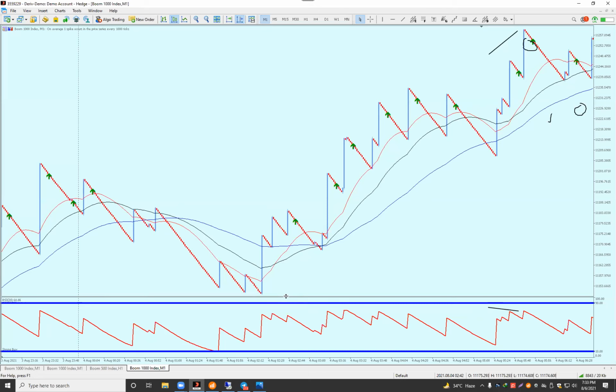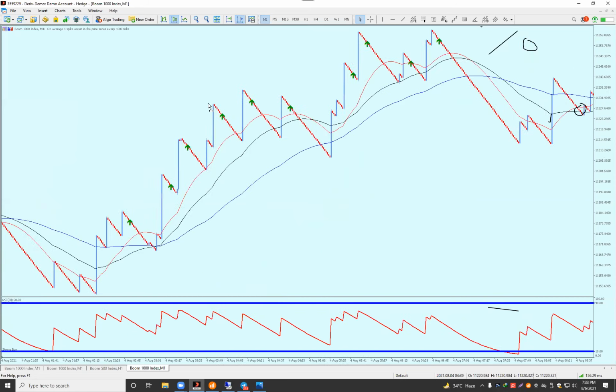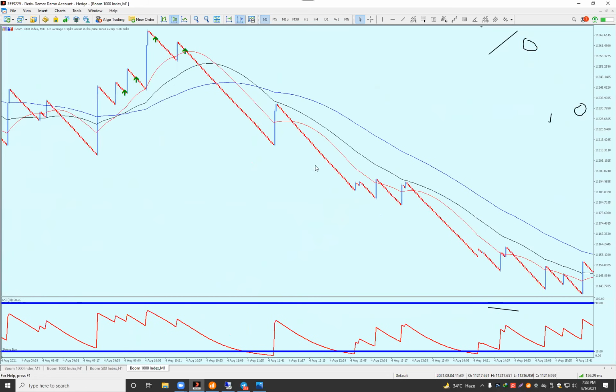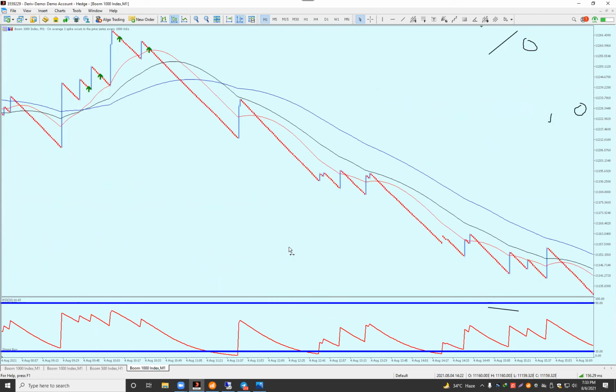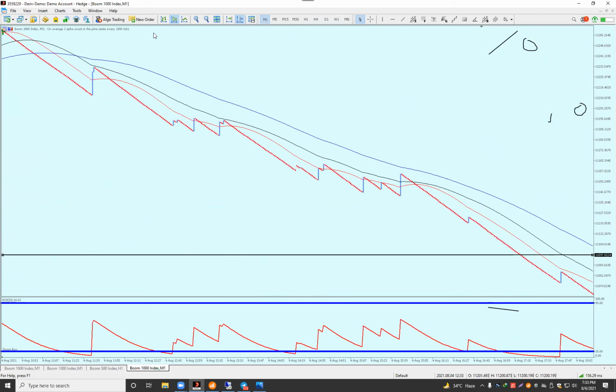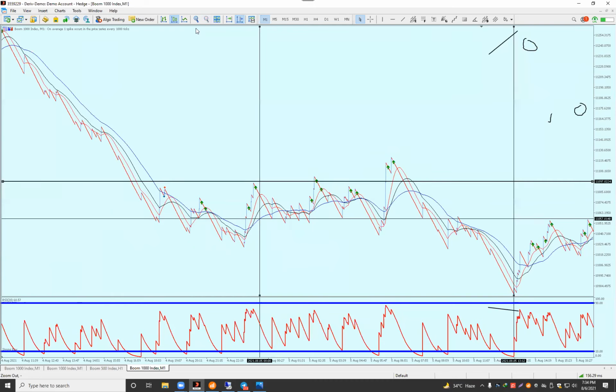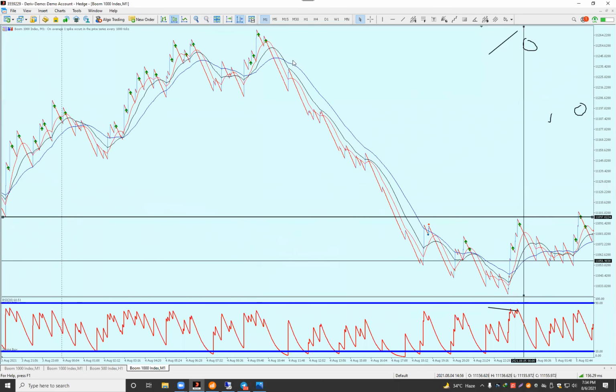That's why I did not add the down arrow in the boom. Otherwise, when the trend is down, you would get down arrows here. But in a downtrend, is there any arrow? This is a downtrend. Did you find any arrow from the buyer or from the seller? Why? Because I'm not suggesting you sell in the boom.